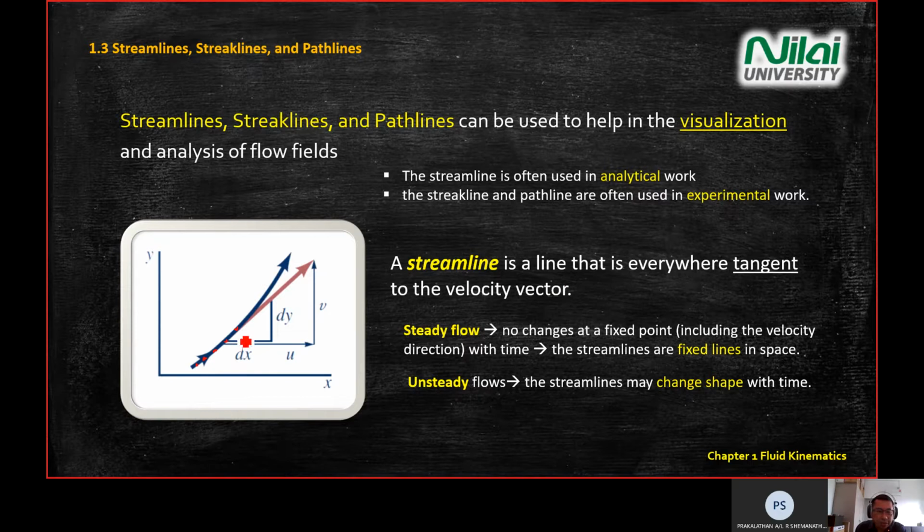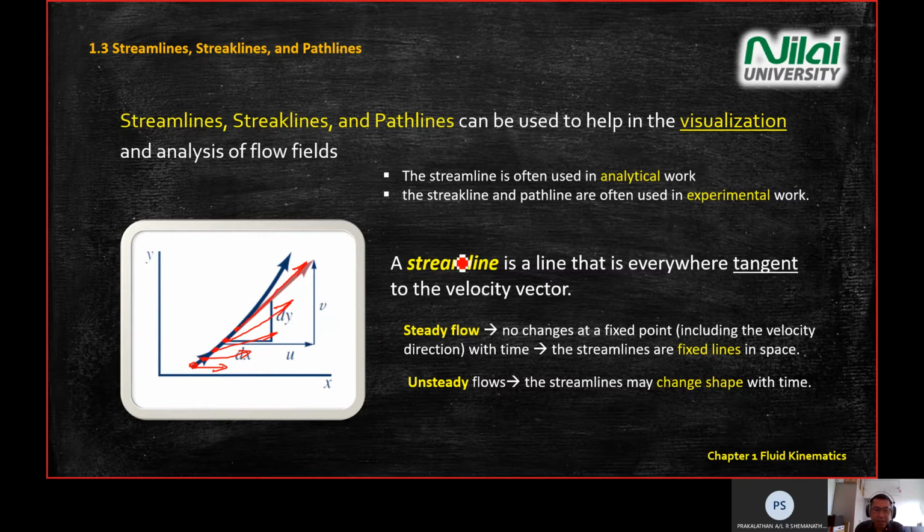So at this point you draw a tangent, at this dot a tangent, at this dot a tangent, and when you combine all these dots together, you get the solid blue streamline. Okay, this is the definition of the streamline.